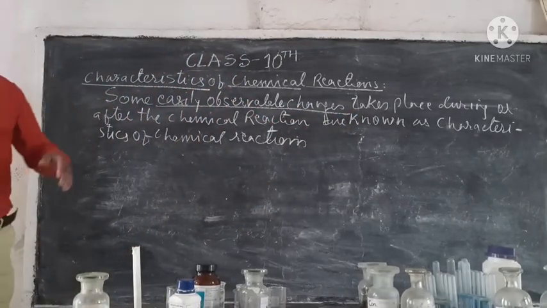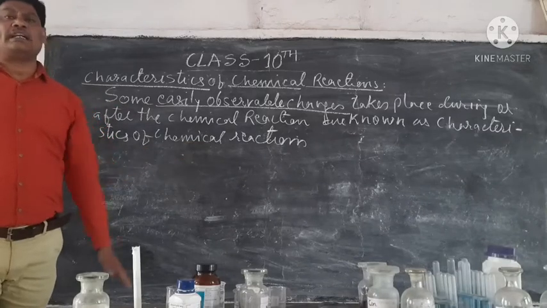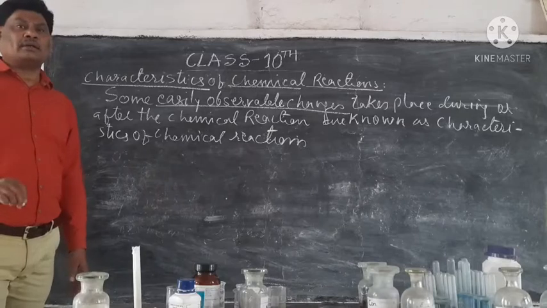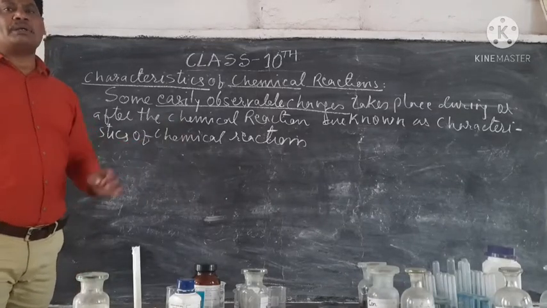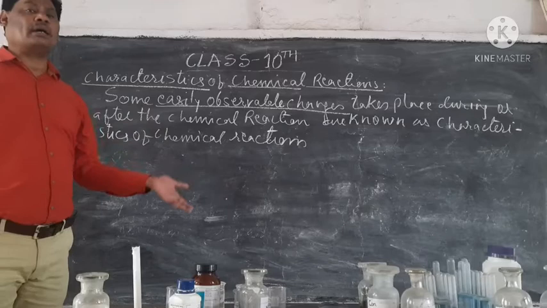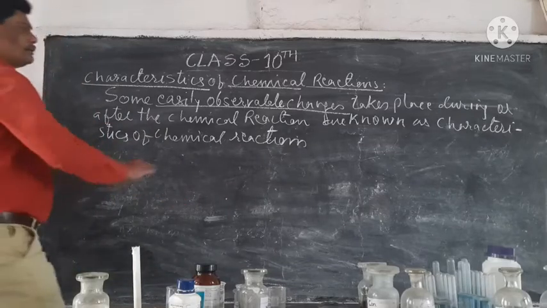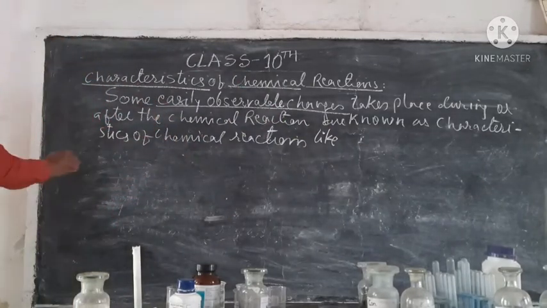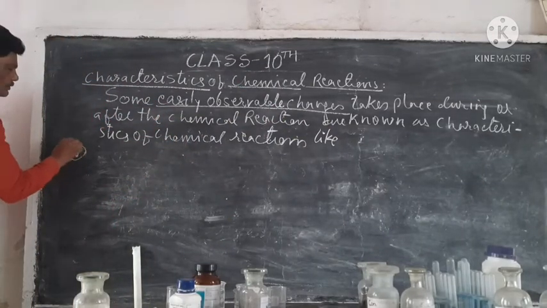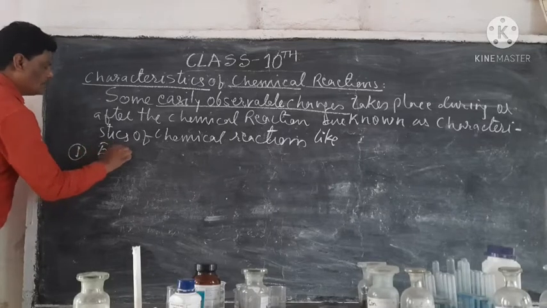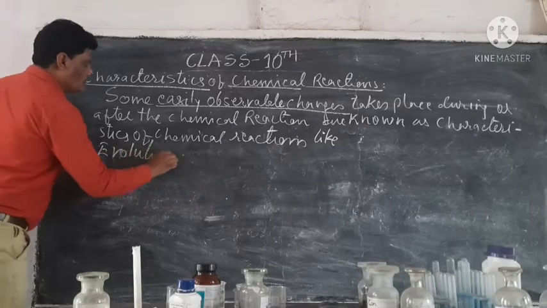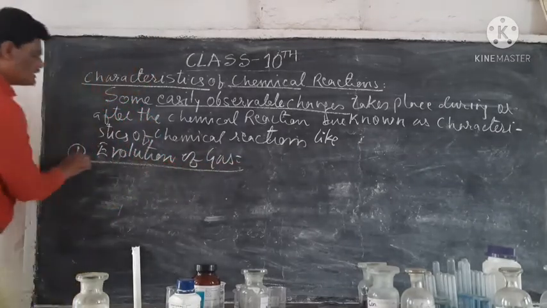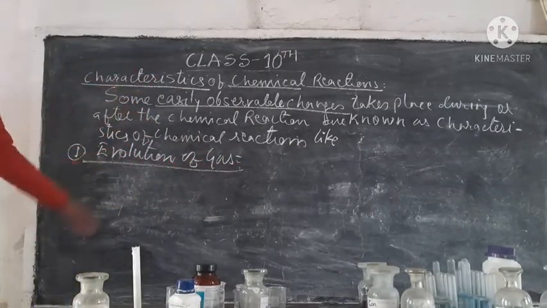Now, what should be these easily observable changes? There can be many types of observations we can obtain after or during the chemical reaction. Here, one by one, I am writing and performing activities. The first one is evolution of gas. How do I perform its activity?